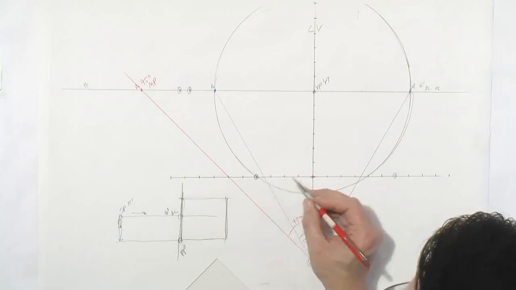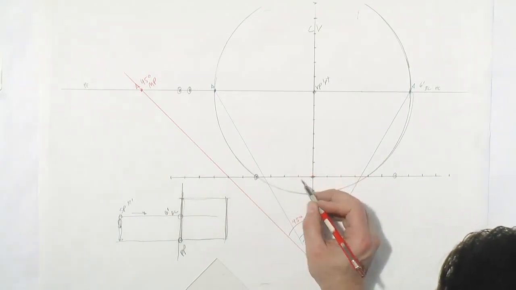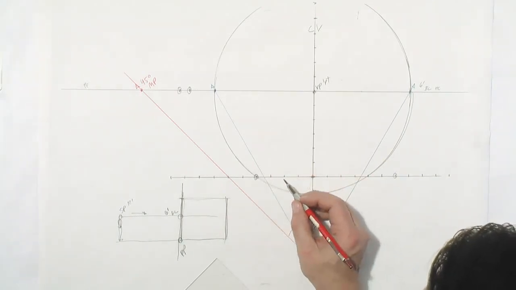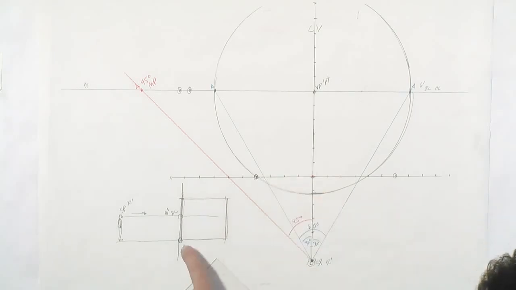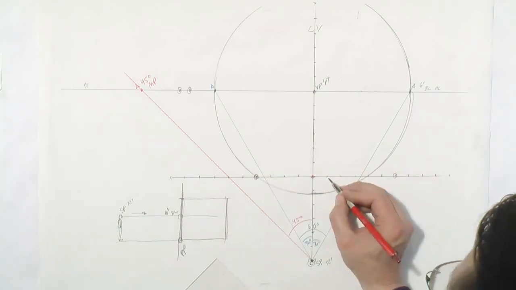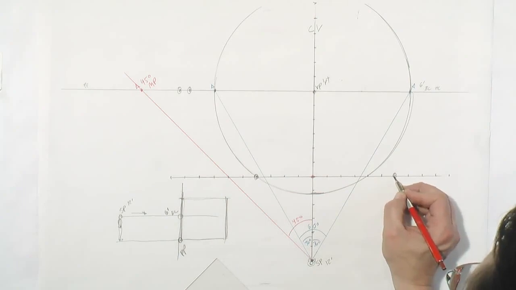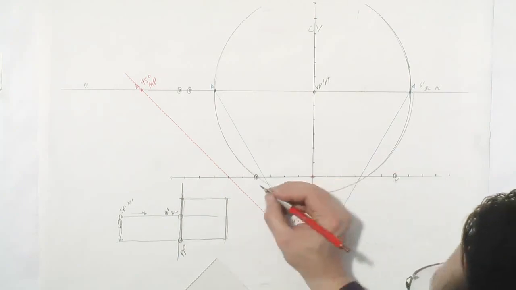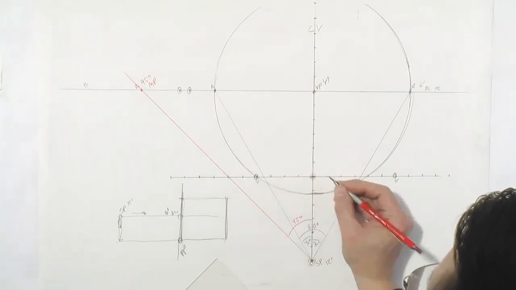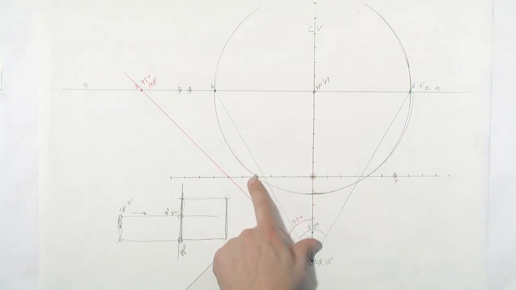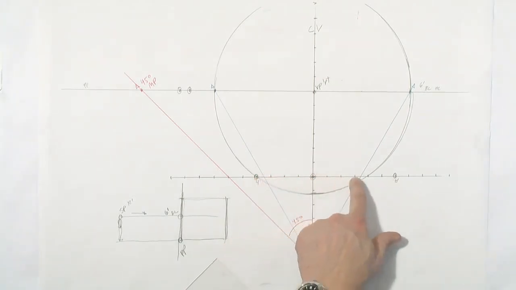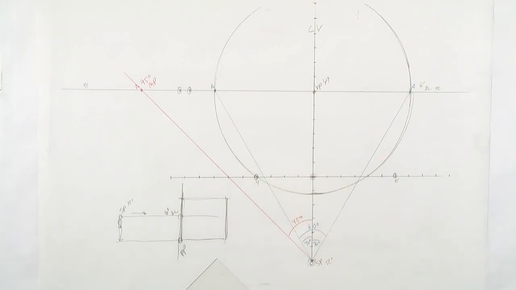We're 1 foot over to the left, so that gives me 1, 2, 3, 4 to the threshold corner of the room. 1, 2, 3, 4, 5, 6. So there's 6 foot, 4 over here from center. And that gives me 10. 1, 2, 3, 4, 5, 6, 7, 8, 9, 10. And we're 1 foot over to the left.